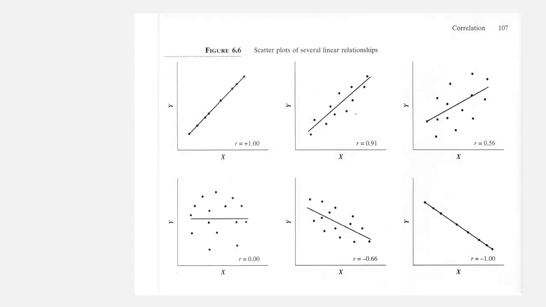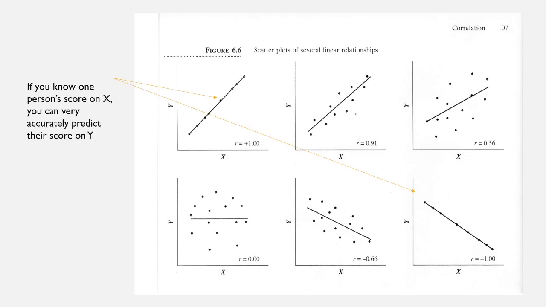So here's a visual to show you all of the ways that you can fall along that spectrum. You can have a perfect correlation that is either perfectly positive or perfectly negative. In both of these cases, you have a perfect correlation because all of the dots in the scatter plot fall along that best fit line. That means that your correlation can range from perfectly negative, which would be quantified as a -1, to perfectly positive, quantified as a +1.